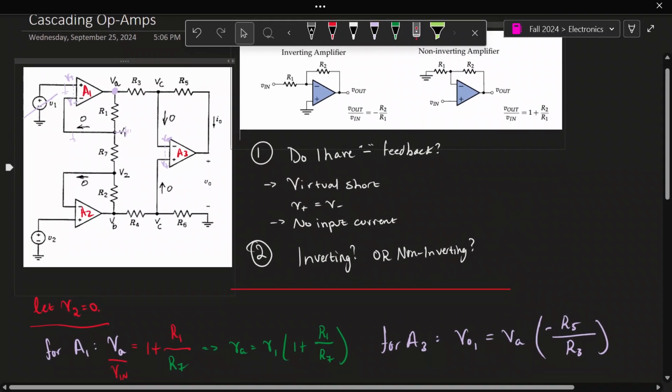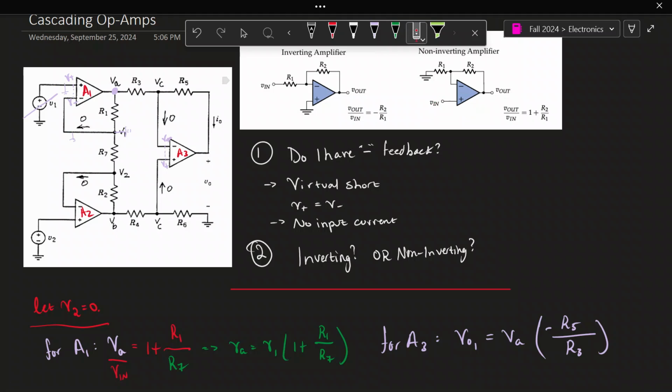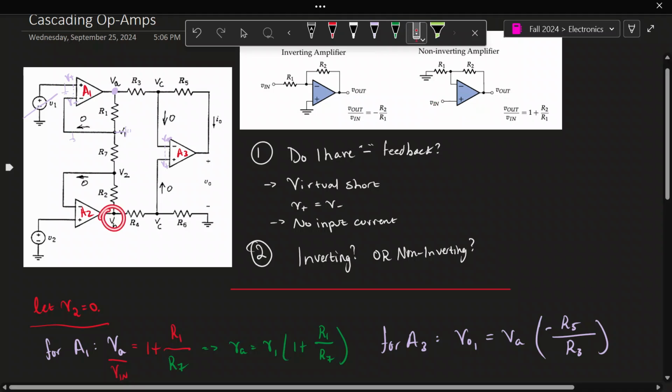But V in here is with respect to the voltage being directly applied to the positive input. But what is that, really? Well, we have VB here, and we have a resistor, and we have another resistor. So VC is the voltage we're looking for.